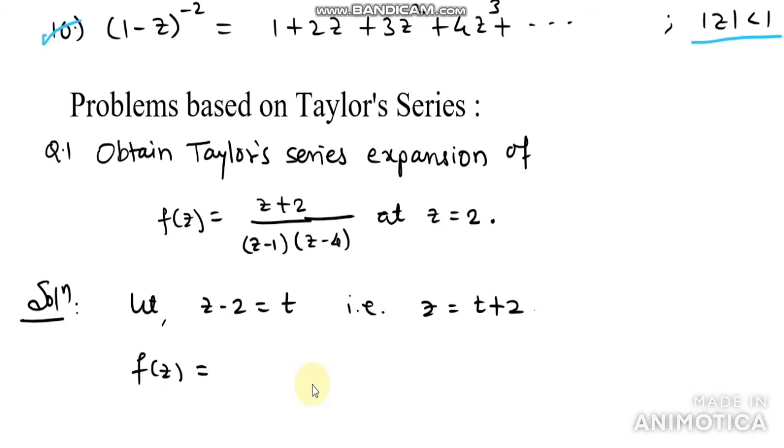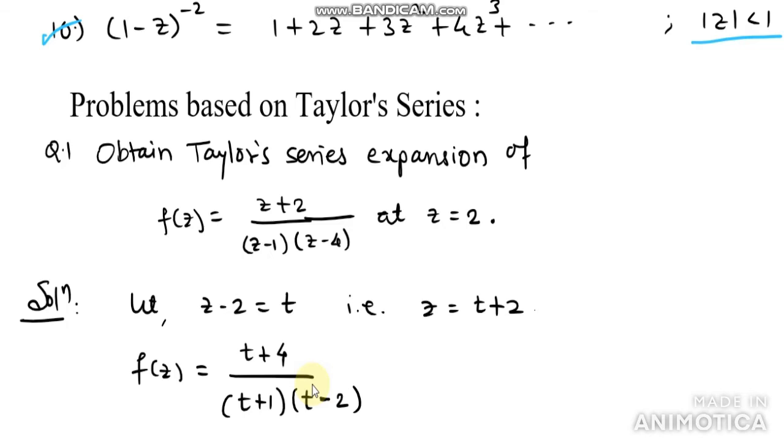So f of z is equal to, z is nothing but t plus 2, and plus 2, that means t plus 4 in the numerator, and in the denominator that will be t plus 1, okay, because of this minus sign, t plus 1, and that is t minus 2.